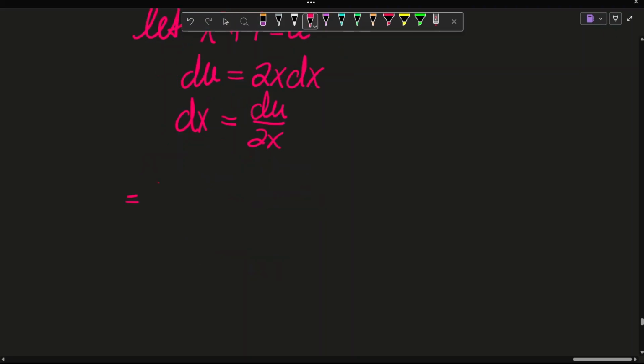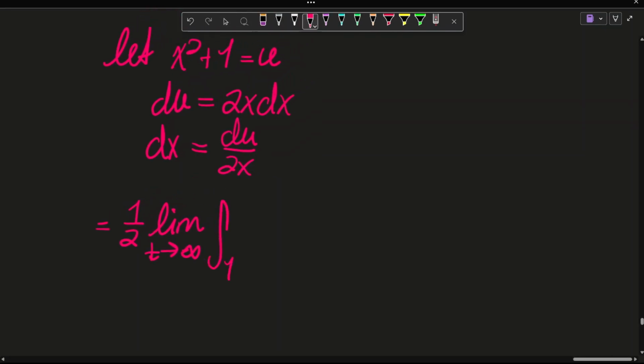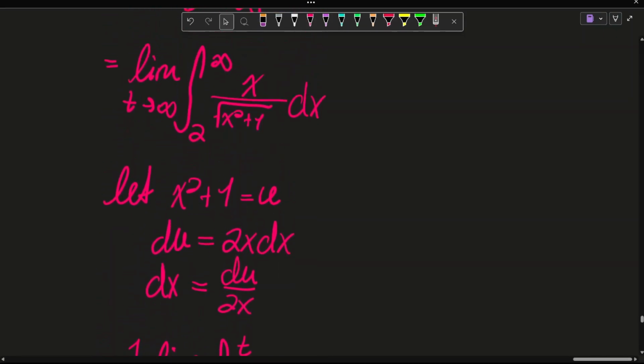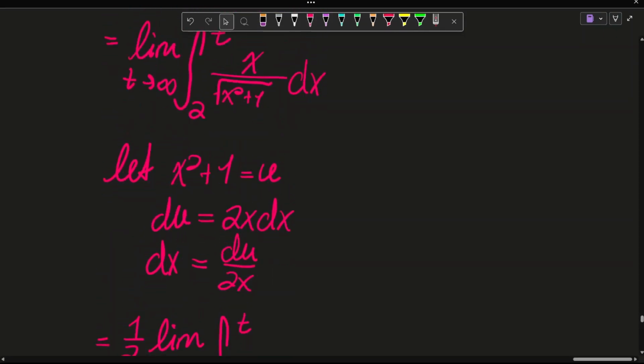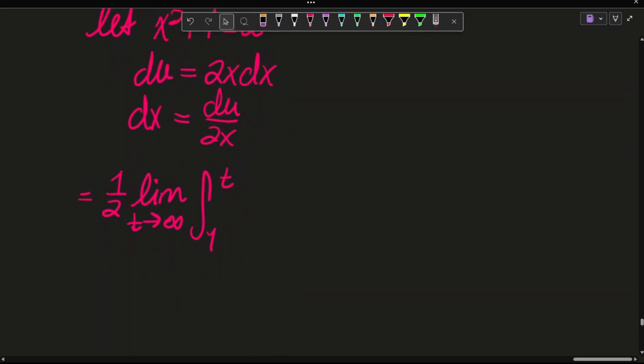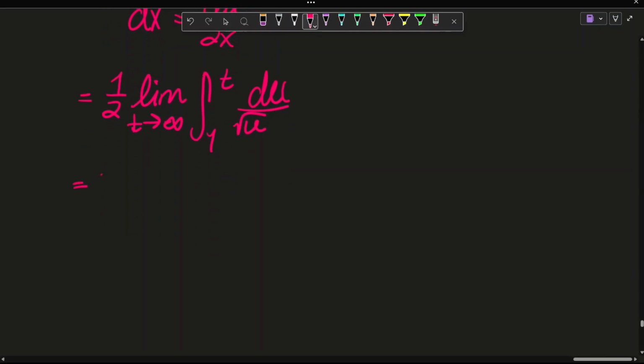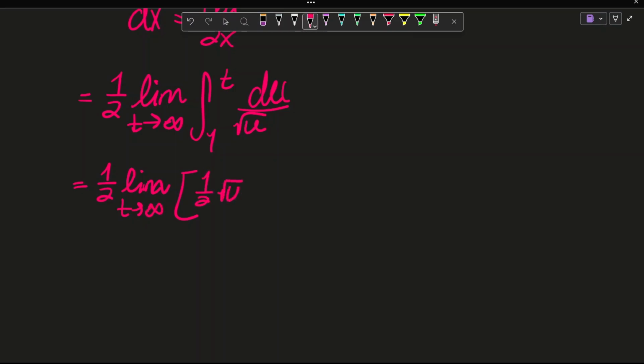du over 2x. So this becomes 1/2 the limit as t approaches infinity of the integral from 1 to t of du over root u, which is equal to 1/2 the limit as t approaches infinity of 2 root u from 1 to t.